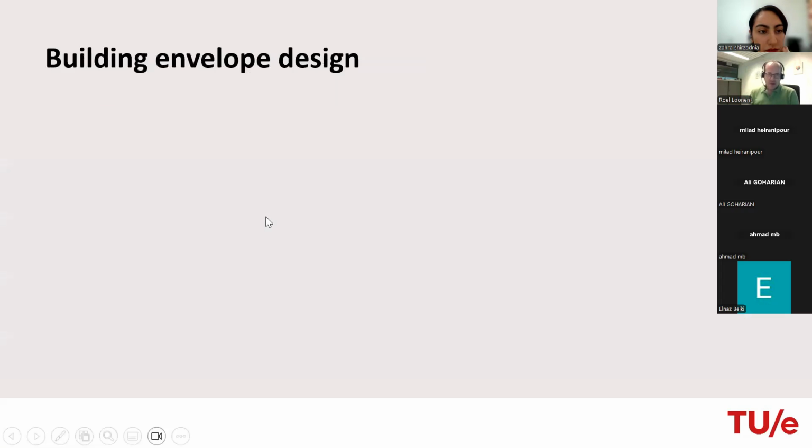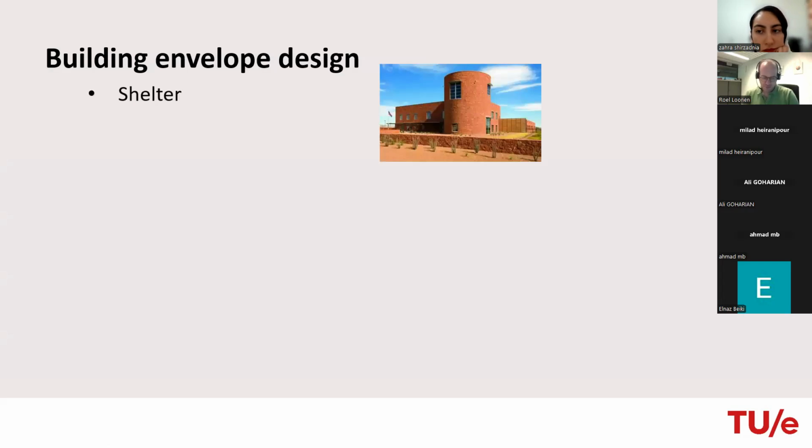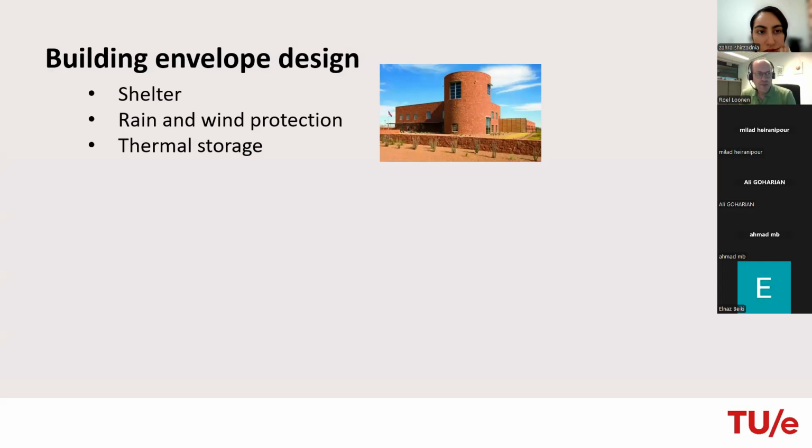So then when we turn to building envelope design, there is a large number of criteria that we should care about. So first and foremost, it's providing shelter, protection against rain and wind, thermal storage perhaps. And I'm going to extend this list on this slide. And what I try to do is to think about what would be the optimal configuration or optimal building envelope design for each given requirement.